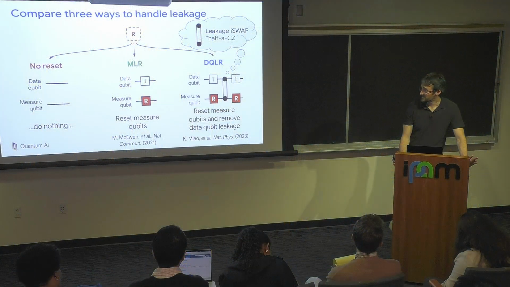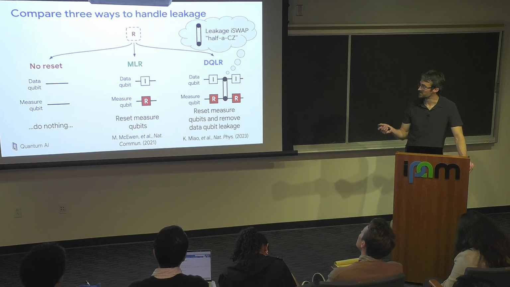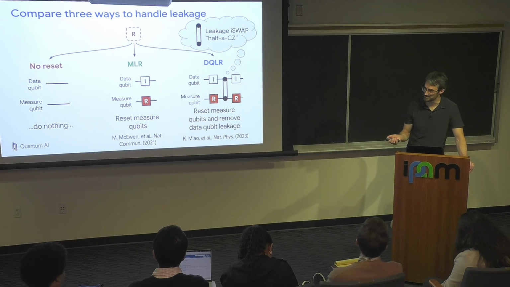So I didn't show energy level diagrams or Hamiltonians here that would make this a little bit clearer. But the short answer is this is a swap operation, or it says iSWAP, but it turns out the i part is a detail that doesn't affect the gate itself.